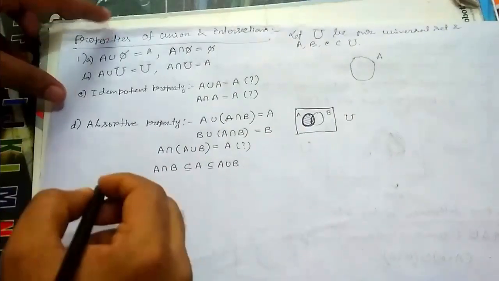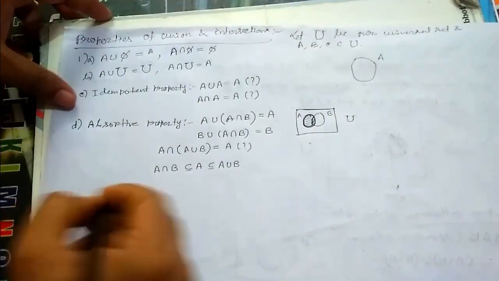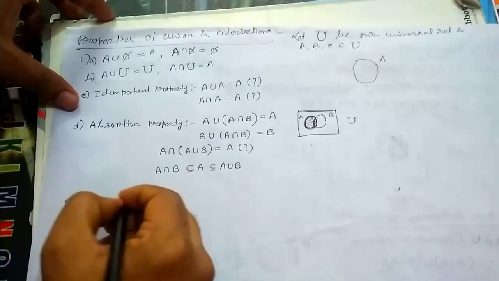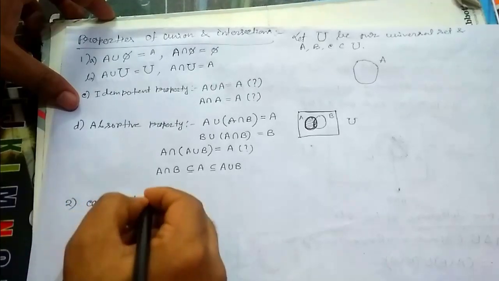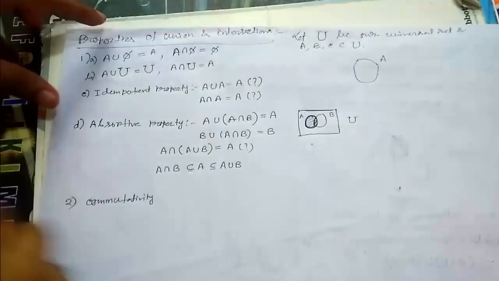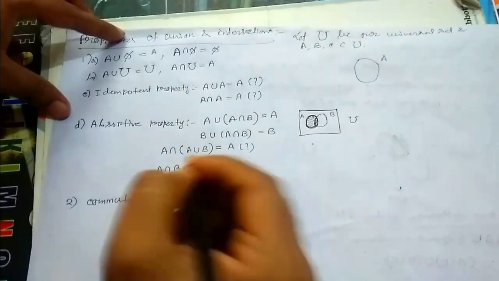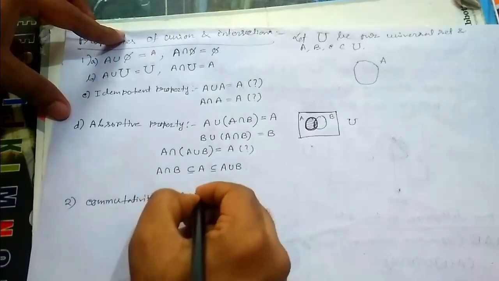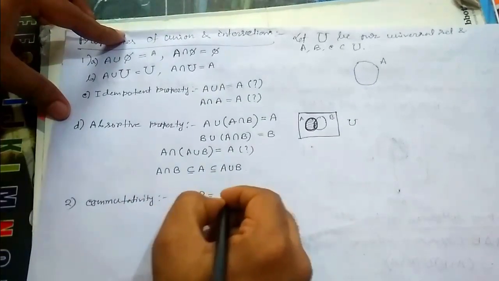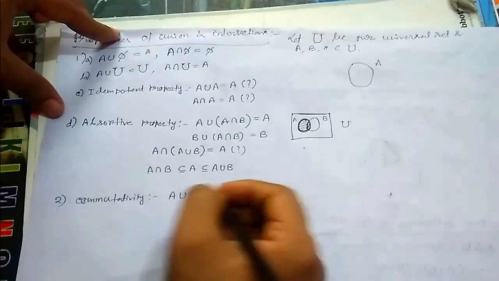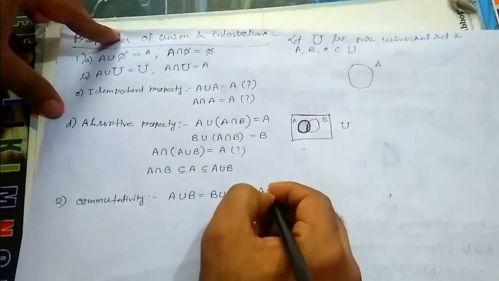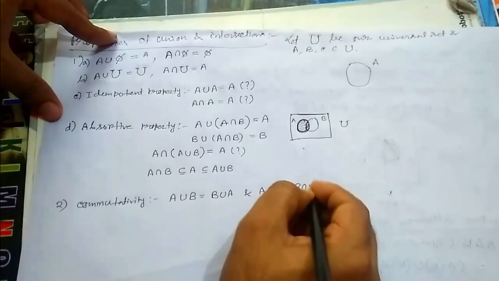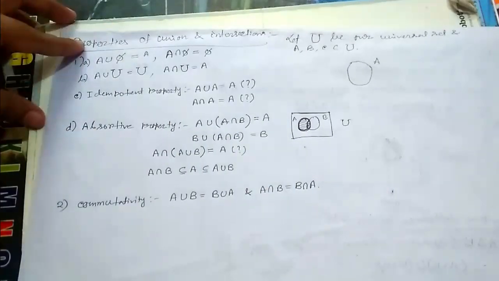Now commutativity. A union B is equal to B union A, and A intersection B is equal to B intersection A. Okay.